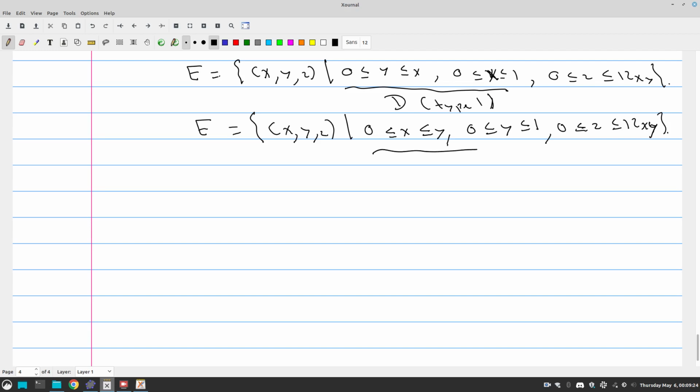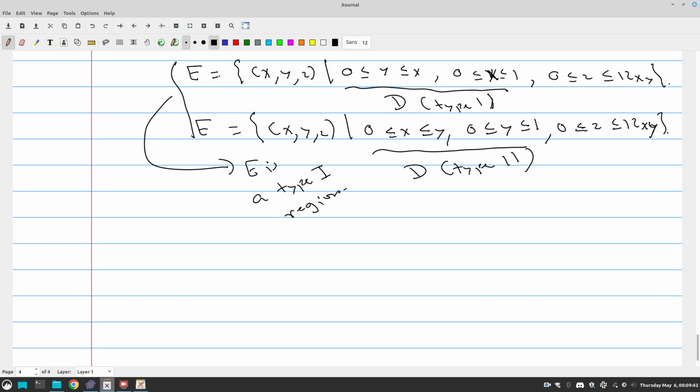So this is where D is a type 2 region, type 2. But in both cases, E is considered a type 1 region.